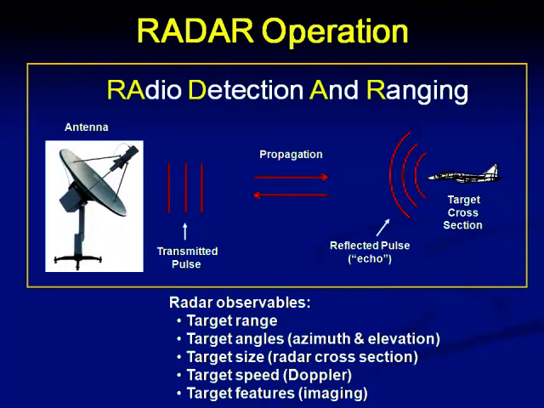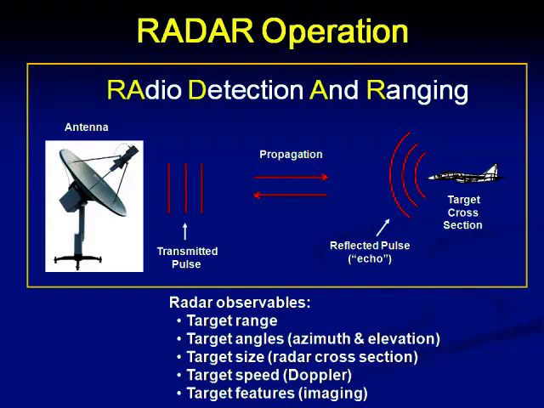So here we say that radio detection is done first and then ranging, that means measurement of distance. All the first letters of these words, radio detection and ranging, have been put together to make a word called radar for the system which does this job.